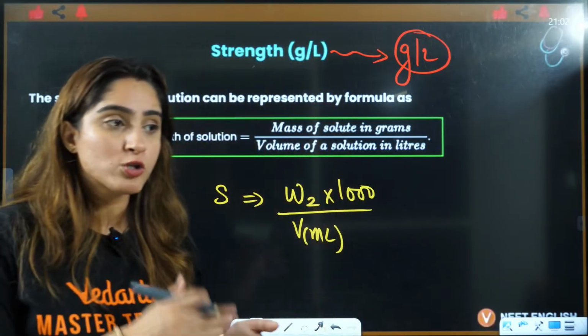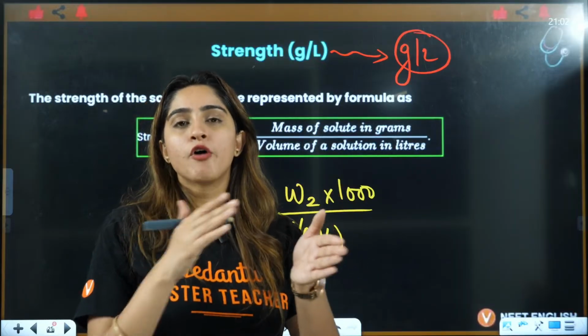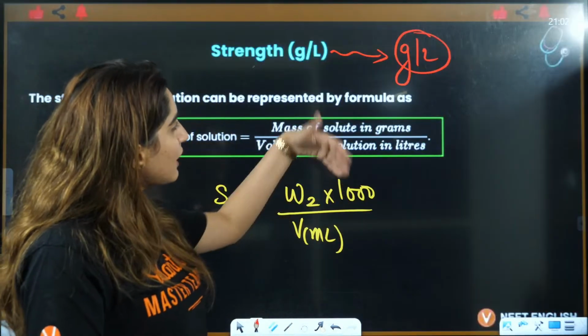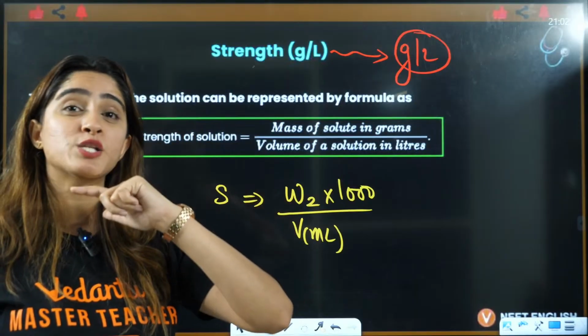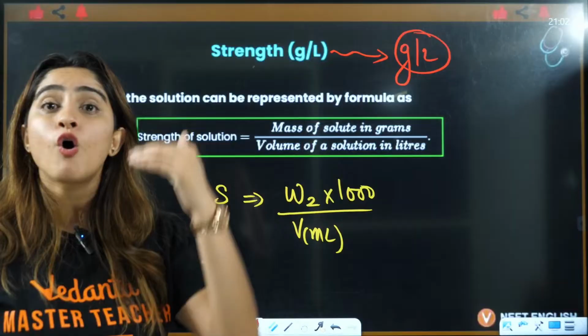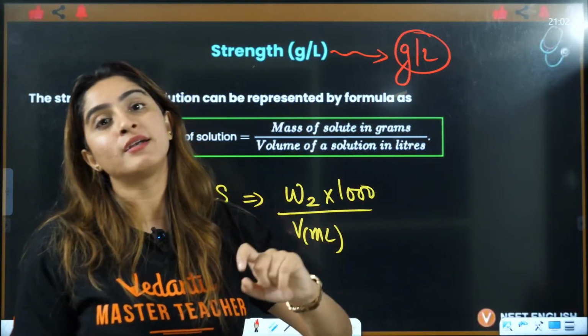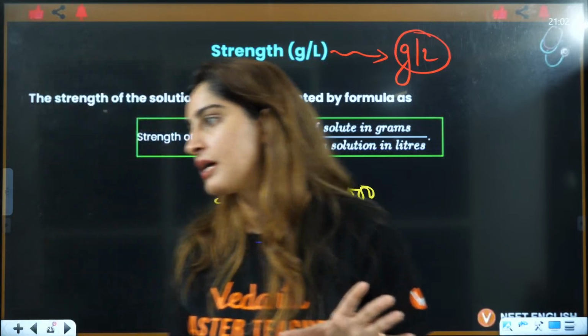Because I also teach JEE, I know what kind of questions they ask in JEE, which have a very high probability of being asked here. In these questions where they just ask what is the concentration, students will solve for molarity, but in reality they are asking for the strength, because in the options you will see gram per liter, and gram per liter is the unit of strength. That is also a concentration term.